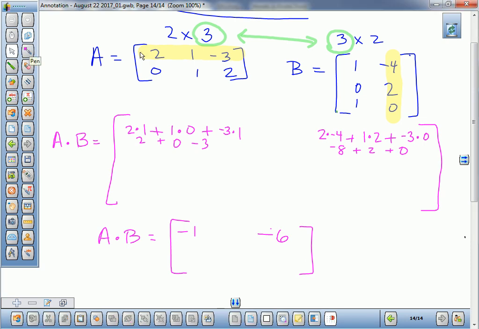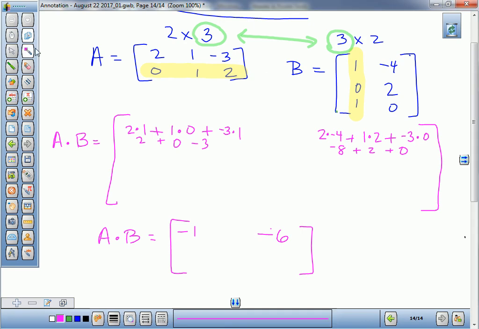So here we get 2 plus 0 plus negative 3, which is negative 1. And then we get negative 8 plus 2 plus 0, which is negative 6. And then we get 0 plus 0 plus 2, which is 2.